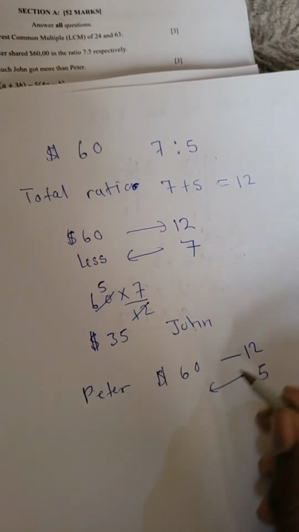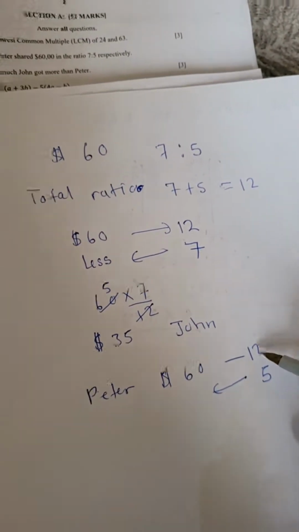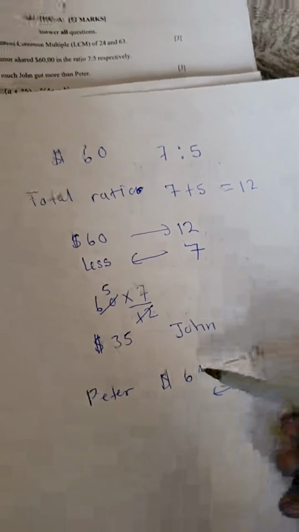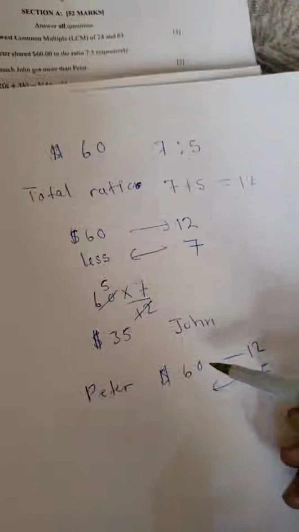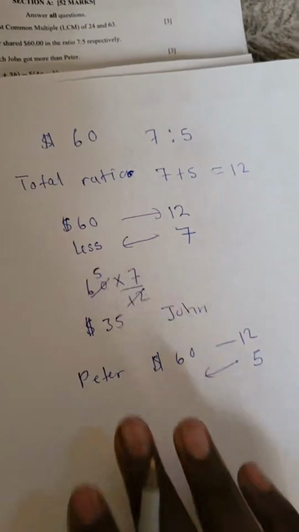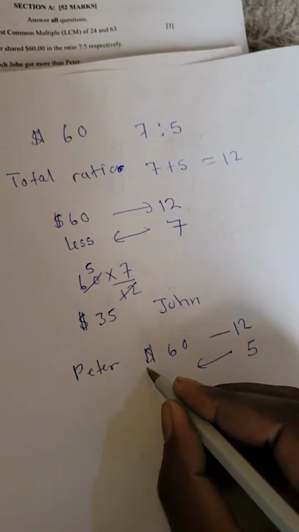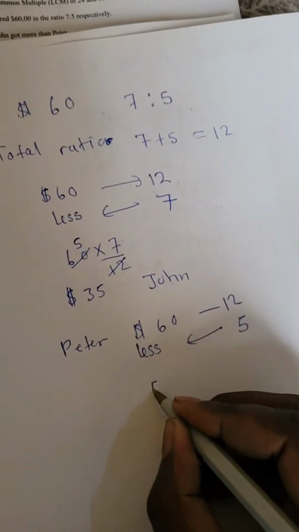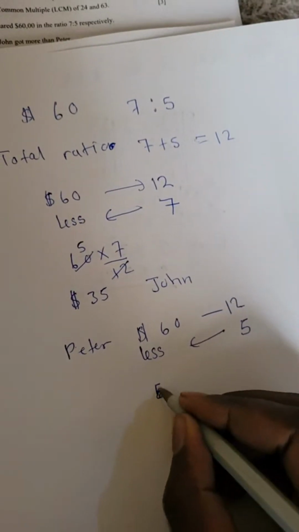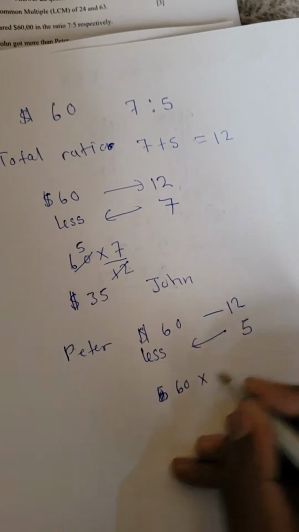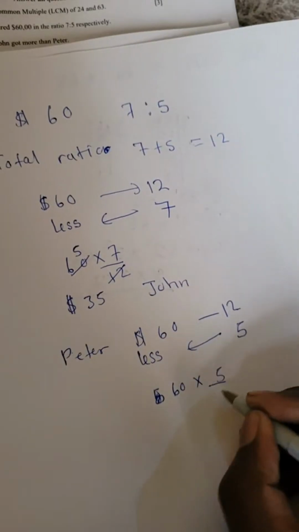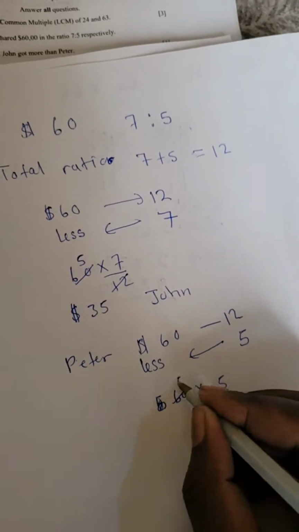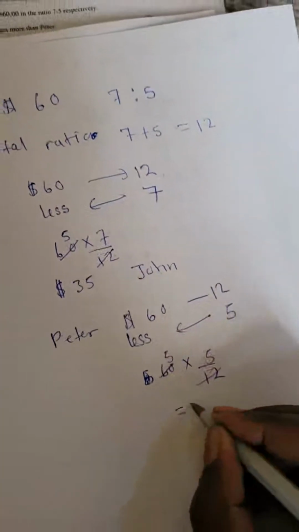Then if the total ratio of 12 is the total amount of $60, what about 5? Are we getting more or less? We are getting less. So let's say 60 multiplied by 5 over 12. 12 into 60, we get 5, and 5 times 5, we get $25 for Peter.